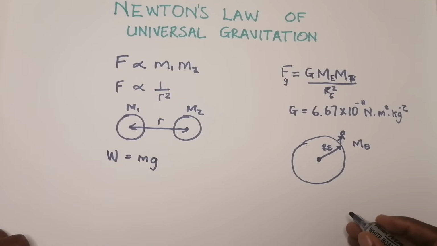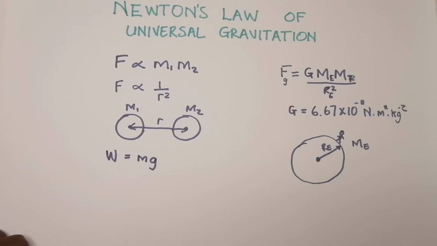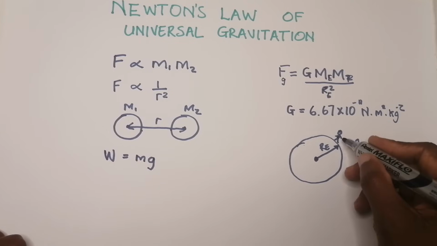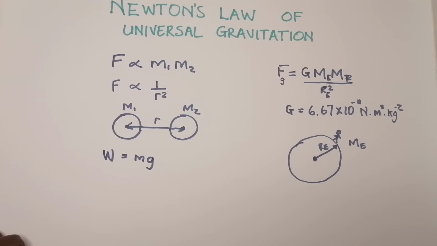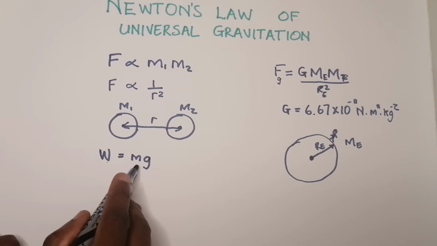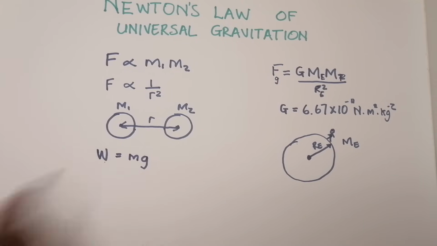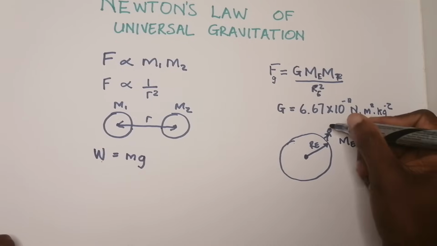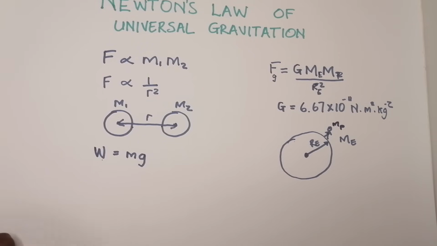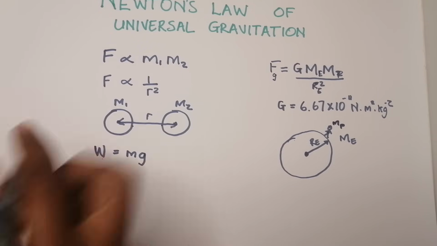I want to show you where this value of g equal to 9.8 comes from. So how we get the gravitational acceleration: the weight is equal to the mass of the person, let me just call it MP, or it could be any other object for that matter.